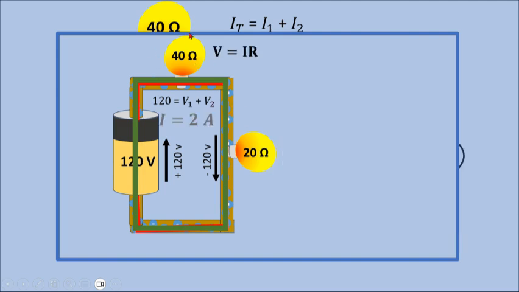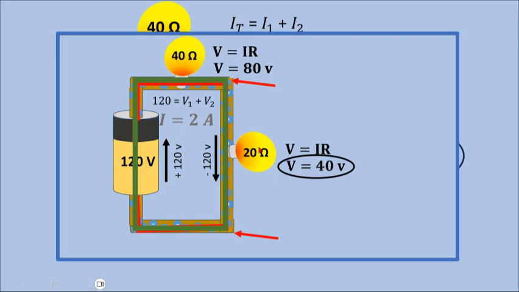So if you look at this top light bulb, we know that there's 2 amps coming through it. And so we do V equals IR. We know the resistance is 40. That says that that voltage is 80. All right. Now we'll do the same thing to our imaginary light bulb over here. All right. And this time it's 2 amps times 20. That gives us 40 volts.